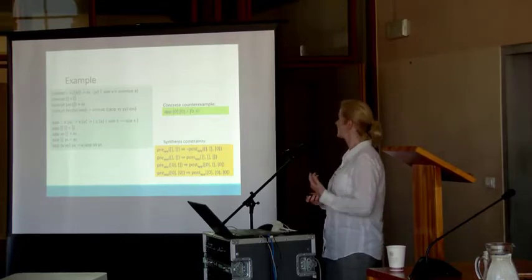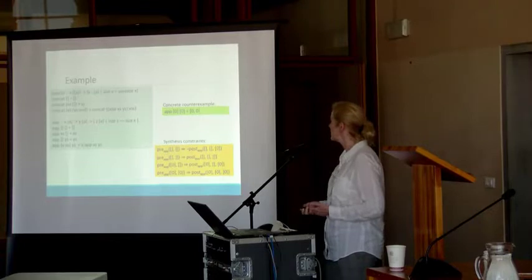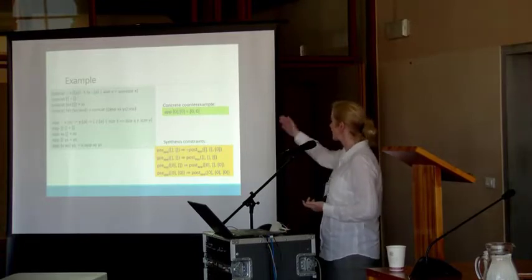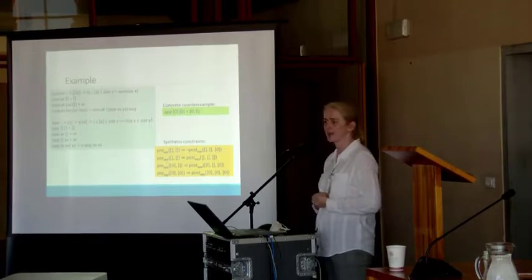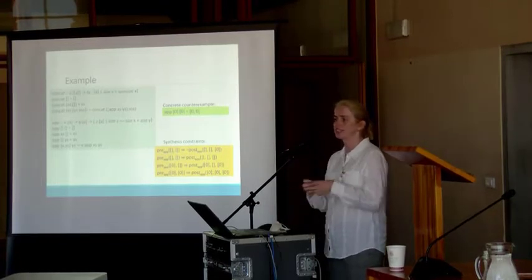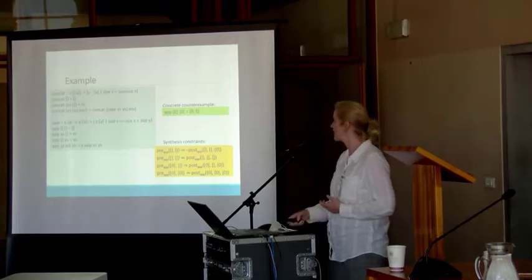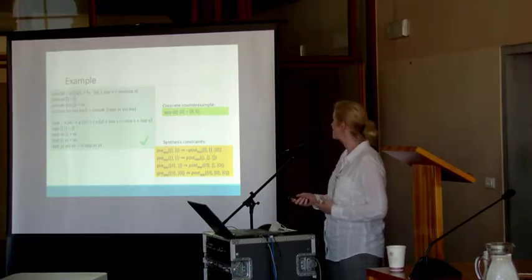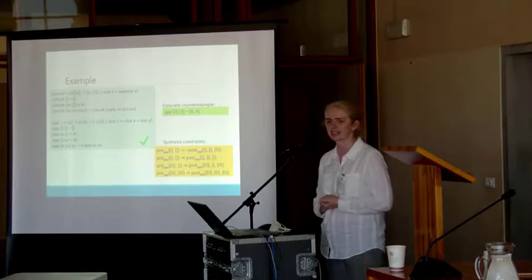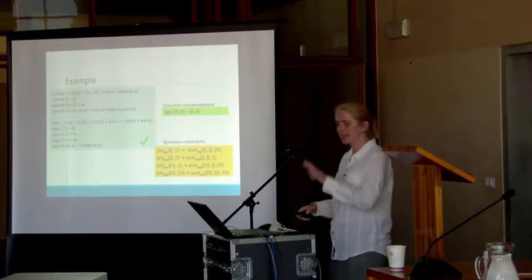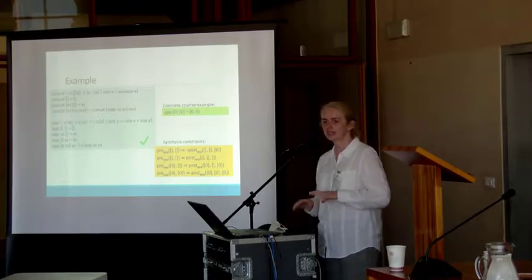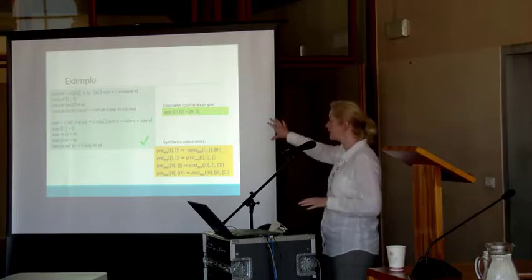And then we will get another concrete counterexample. We continue the process until we reach the correct spec for the app function. And with this correct spec, we can actually formally verify the concat function as it is. So that's just outlining it on this example.